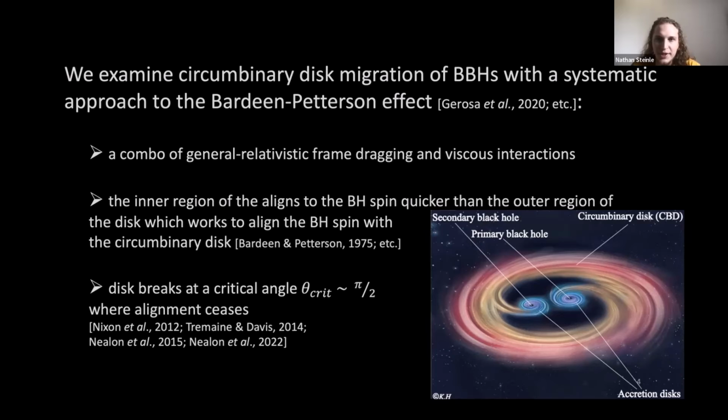And perhaps it's worth saying that the model that I'm using from Gross et al. 2020 to model the Bardeen-Petterson effect is a semi-analytical model, which actually does capture this critical angle phenomenon where the disk breaks, in the sense that the evolutionary equations of the disk actually break down and there's no physical solutions.